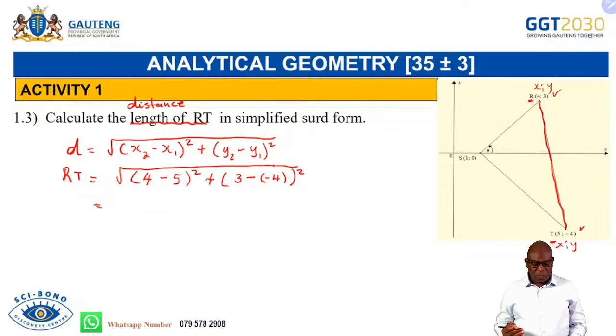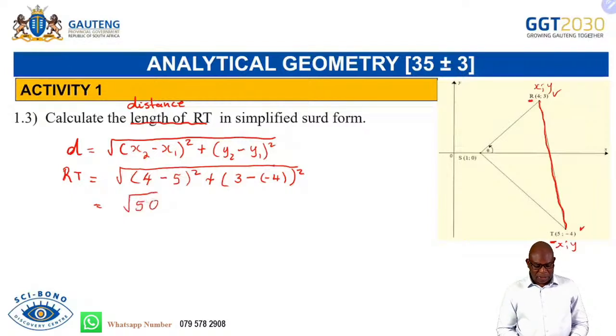So the easy way to do it will be to take your calculator, put everything in there. Put a square root sign, open bracket, (4 minus 5) squared, close bracket, plus, inside the square root, (3 minus negative 4) squared, and you get an answer. So the answer that you're going to get there will be square root of 50.